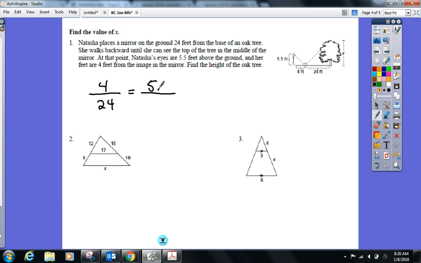Natasha. And what do you got, Ethan? Natasha's age, grade.